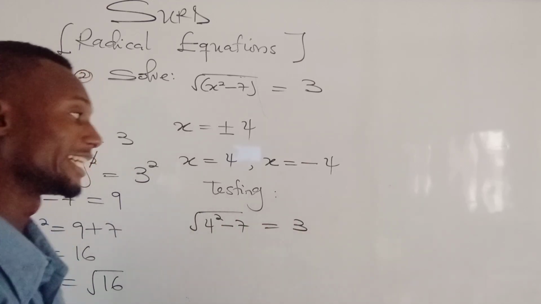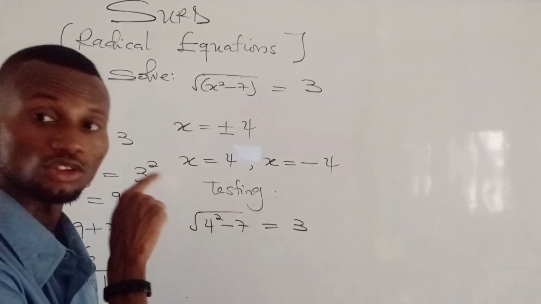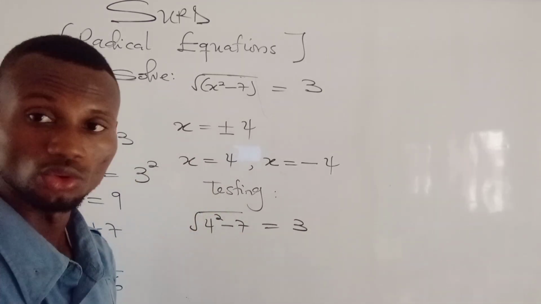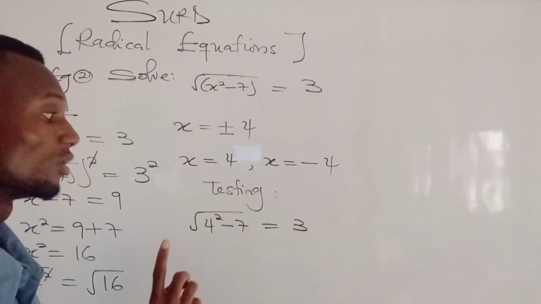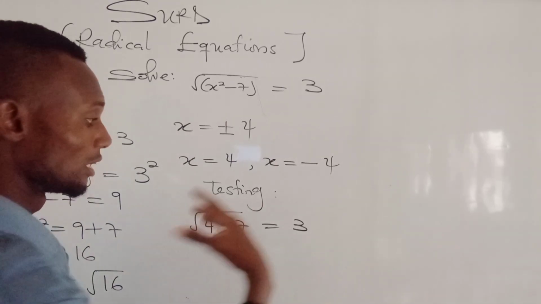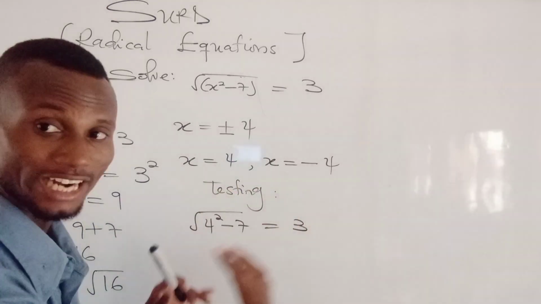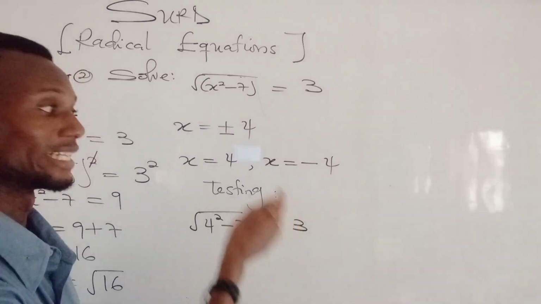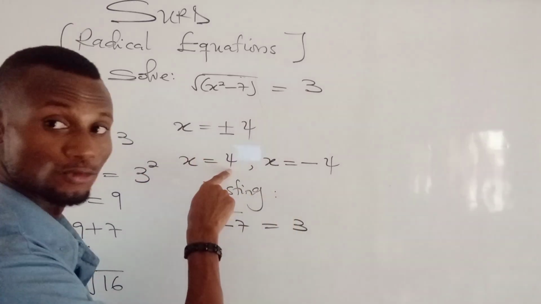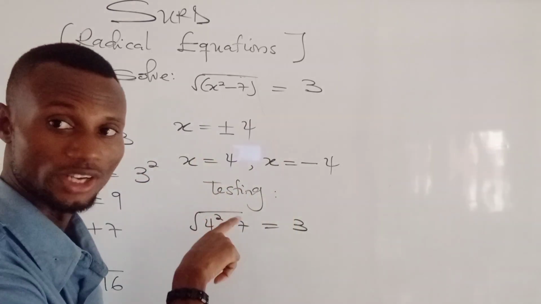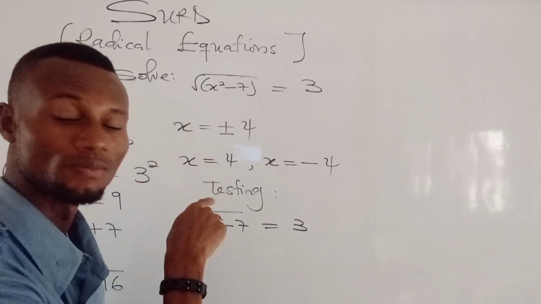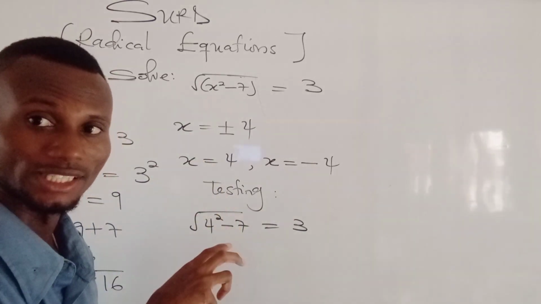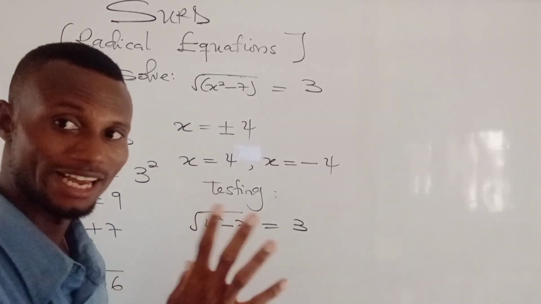Other than that, it means our s is equal to 4 is not a solution to the equation. If we end up getting the same values at both sides of the equation, it means that the value s is equal to 4 satisfies the equation, therefore s is equal to 4 is a solution to the equation. I hope the explanation is clear up to this point.